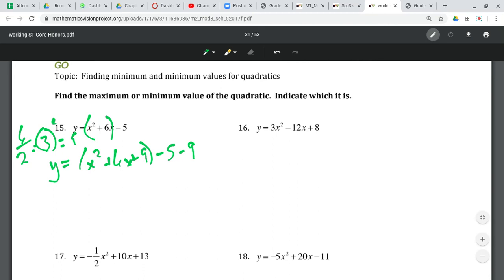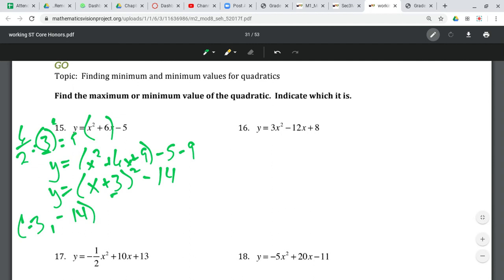So this is a little different than what we were doing just last time. So now we factor. So y equals (x plus 3) squared. Remember, whatever this value is, it goes right here. And then negative 5 minus 9 is going to give us a negative 14. So our vertex is (-3, -14).